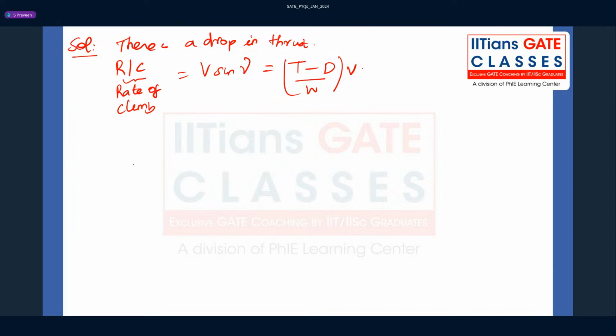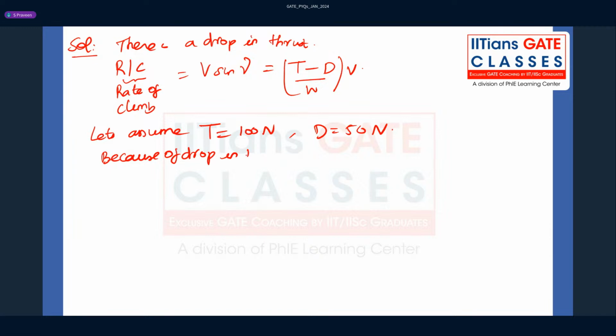Now let's fix some numbers. Initially the T is 100 Newton, and let's say the drag is 50 Newton. Okay. So now he says that because of the drop in thrust, the new thrust, let's say T dash, is 90 Newton.